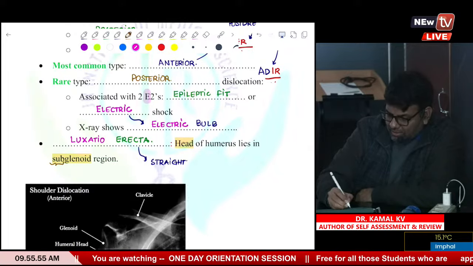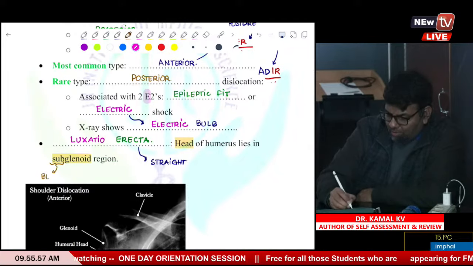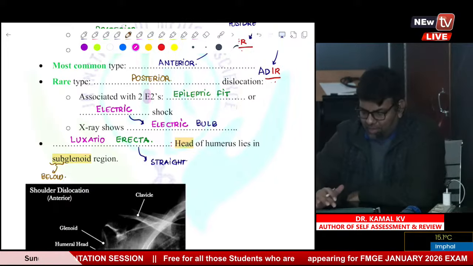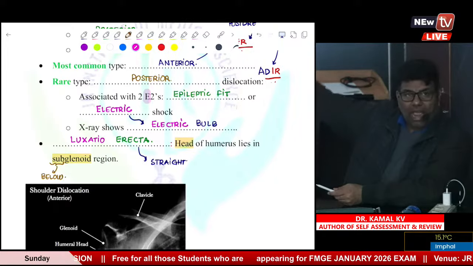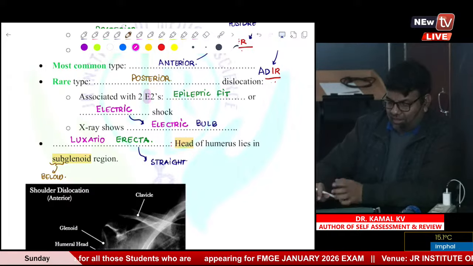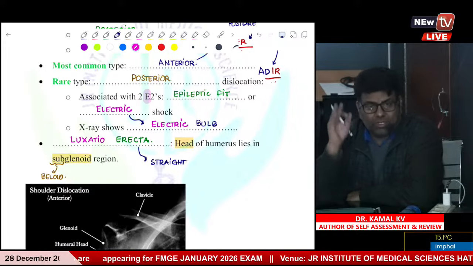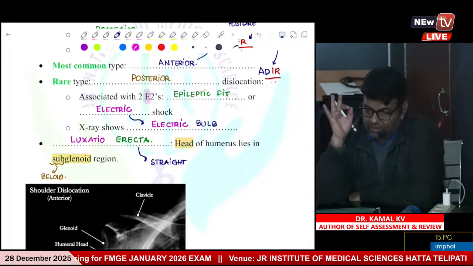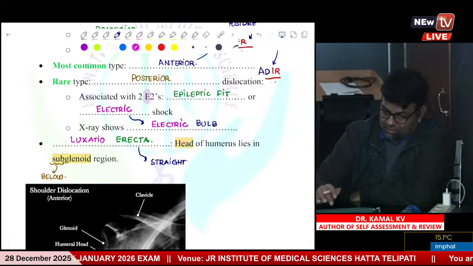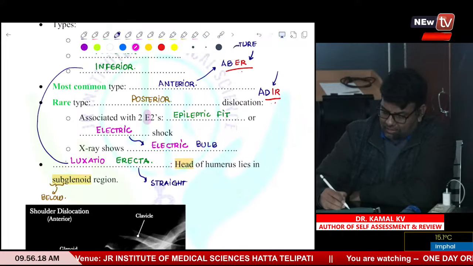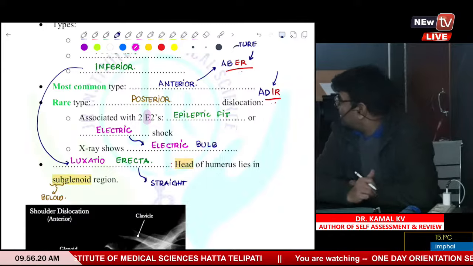Sub means below. So the head of humerus is below the glenoid cavity, and the upper limb is abducted in such a manner that the arm is touching the ear. The moment you look at the patient, you can say that this is a case of inferior dislocation, right? So luxatio erecta is another term for inferior dislocation.